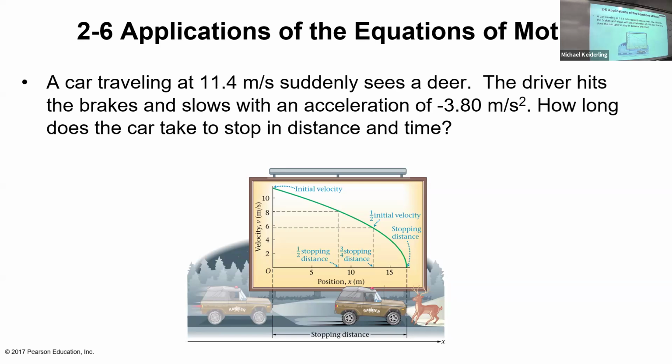Okay, which equation is time? The first one, the one with time. And now it is possible to use the first equation for time and then use the second equation here for distance. But it's a lot faster to just use this third equation and not deal with time to find the distance.